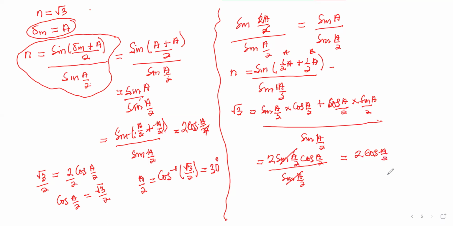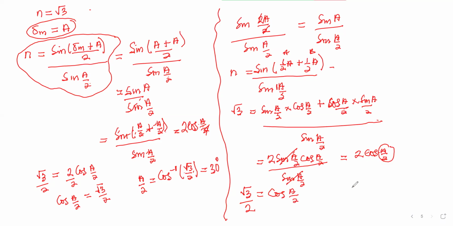Please note here that the angle is A over 2. That's a fractional angle there. We're given the refractive index to be root 3. So root 3 is equal to 2 cos A over 2, and we are looking for the angle, which is A over 2. When we divide by 2, we have cos A over 2.